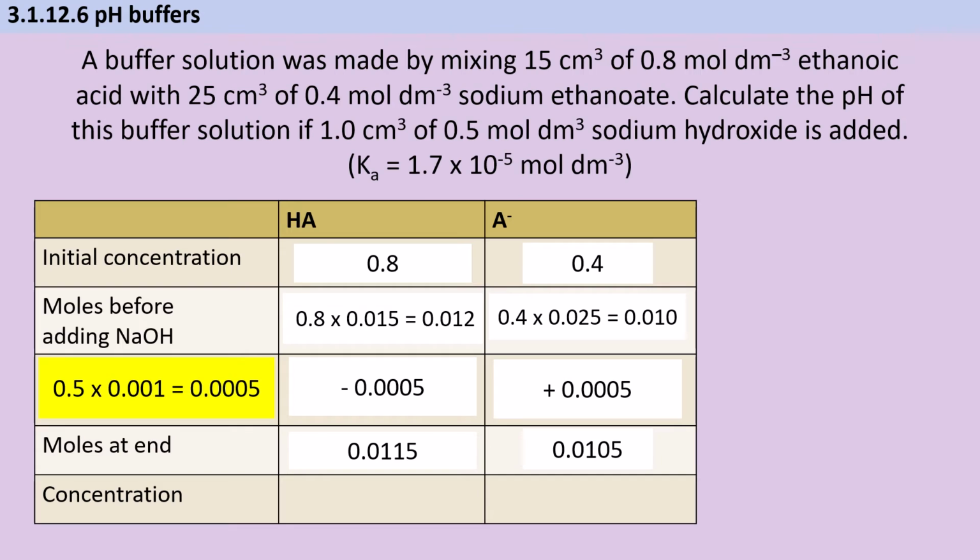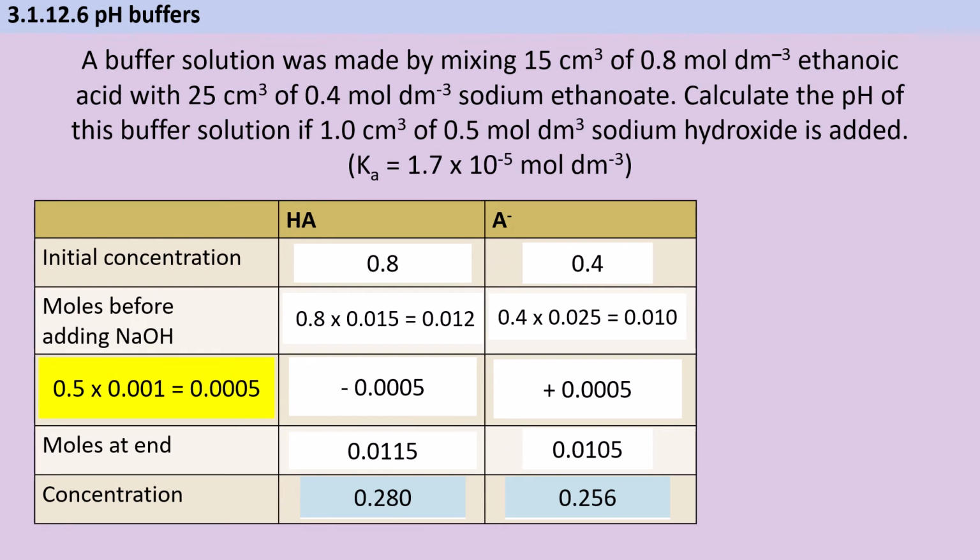So that's going to include the 15 centimetres cubed of ethanoic acid and the 25 centimetres cubed of sodium ethanoate and the 1 centimetre cubed of sodium hydroxide. And it still needs to be in decimetres cubed. So here I'm going to be doing 0.0115 divided by 0.041. And that's going to give me a concentration of 0.280. And then if I do the same thing for my anions, I get a concentration of 0.256.